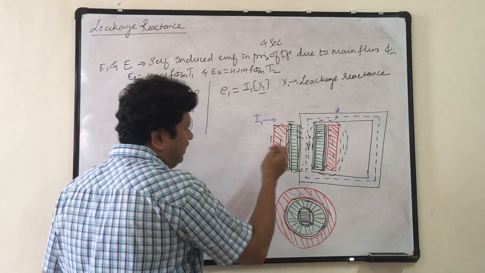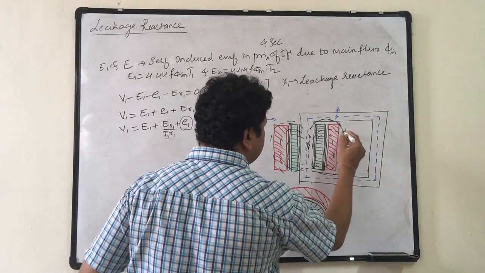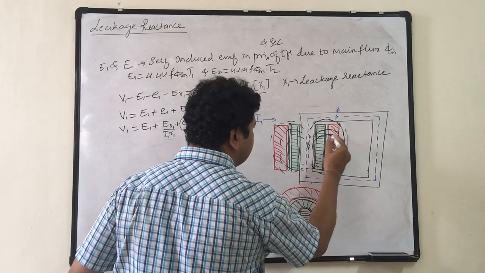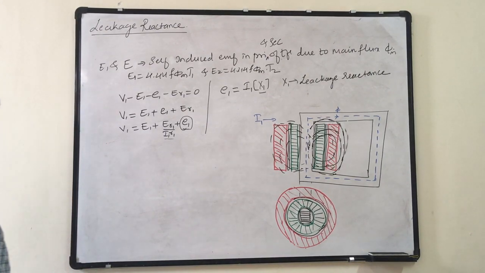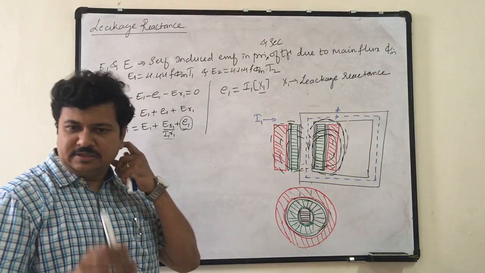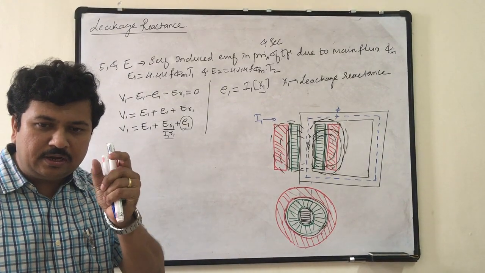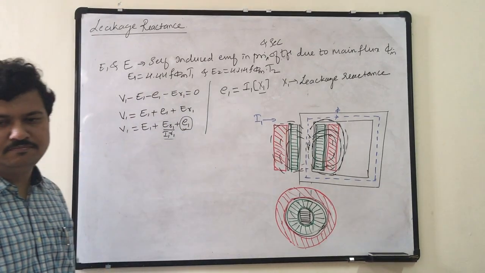So now this leakage flux, I will draw thick lines only to understand, is linking the primary coil, is linking the secondary coil, and is also linking the air duct between the primary and secondary coil.